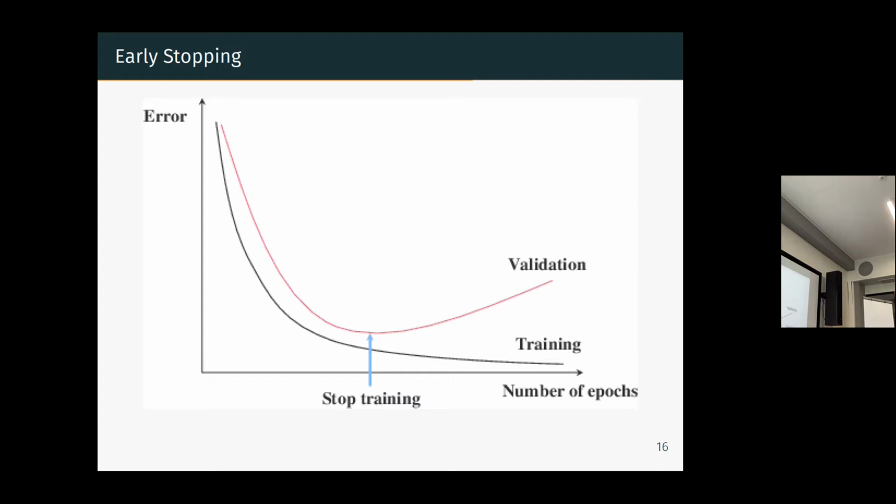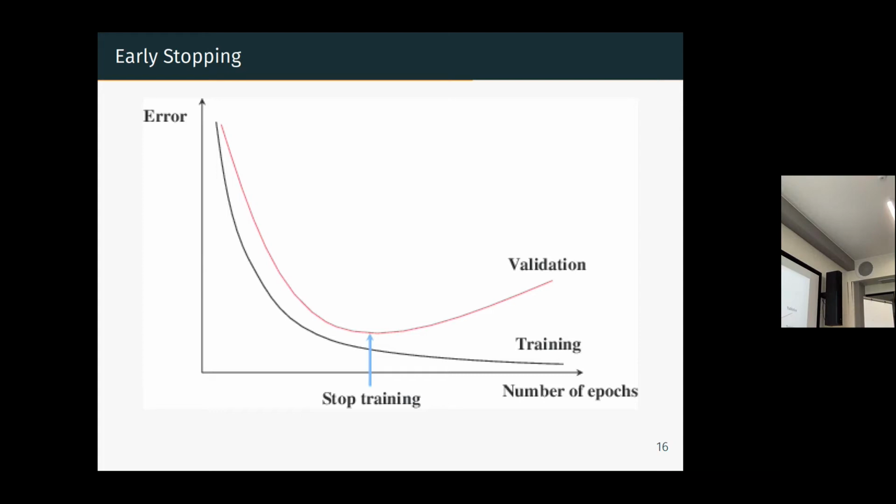Of course, there is a bit of risk to do that, because maybe here it's increasing, but then it will decrease again later on, and maybe you missed this decrease. Another problem is that here you have a very smooth curve, but as you've seen, especially with stochastic gradients, so everything is connected, you can have some oscillation, so it's sometimes not as easy to know if the validation loss is increasing.